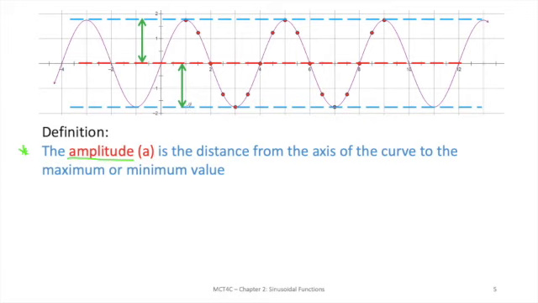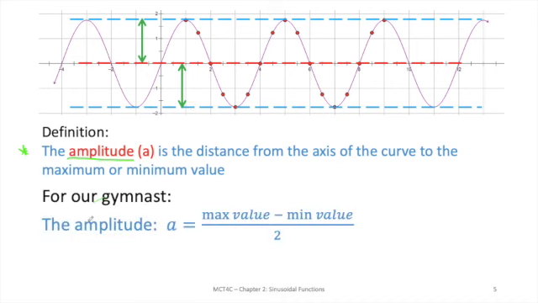But if your graph isn't nice and it's bigger numbers, you can't read it for whatever reason, or say you don't have a graph, you can use your formula. Amplitude is going to be max minus min divided by 2.